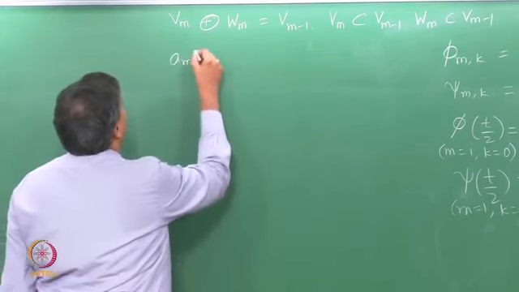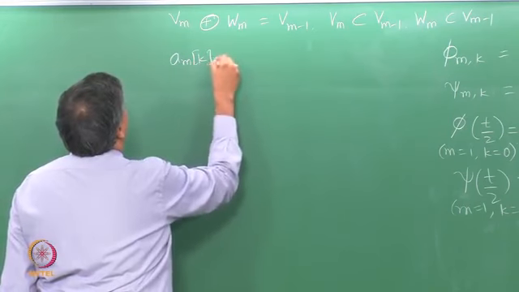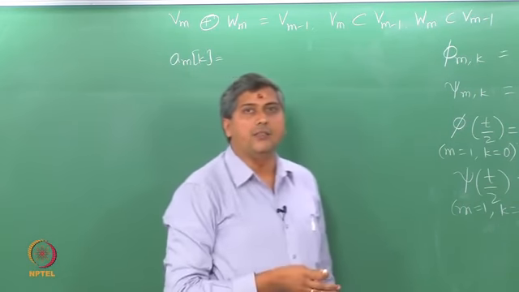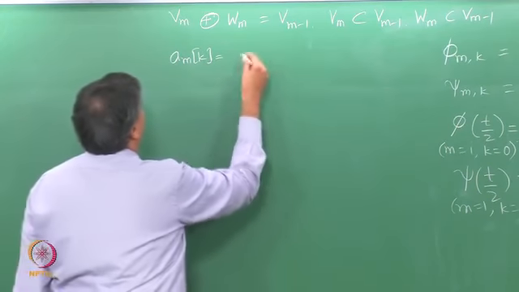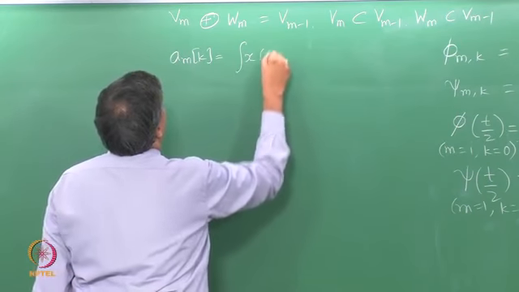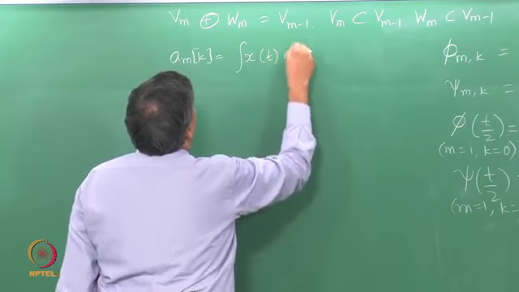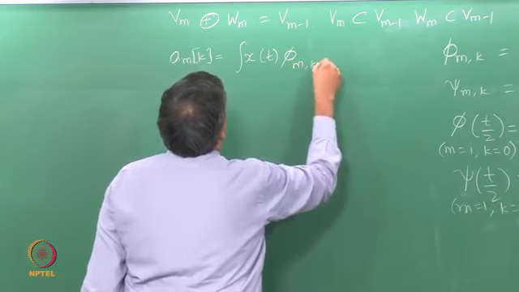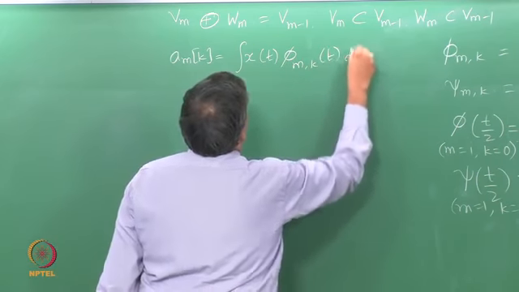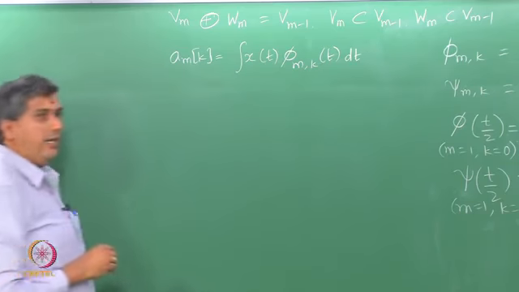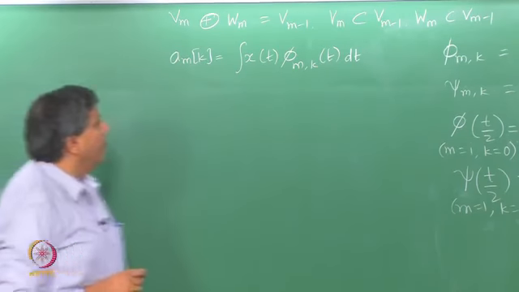What do I do? I begin with the expression that I have in 16, which is for the projection coefficient, and observe that this is x of t times phi m k of t dt. All right. And what do I do now?